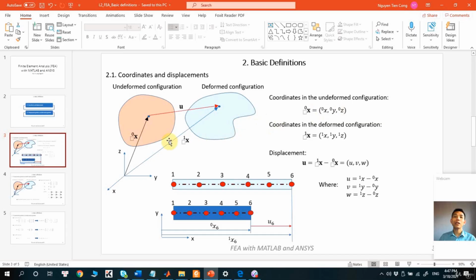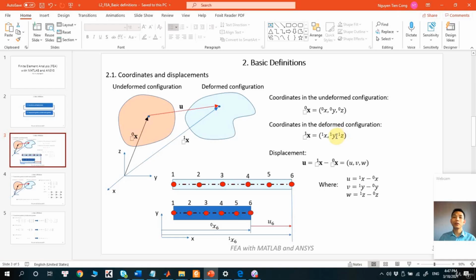Now let's say we apply some loads or force or moment on the structure and it gets deformed. And here is the deformed configuration. Now the same material point moves from here to here. So this vector denoted by x1 is the coordinates of the material point in the deformed configuration, and it includes three components: x1, y1, and z1.